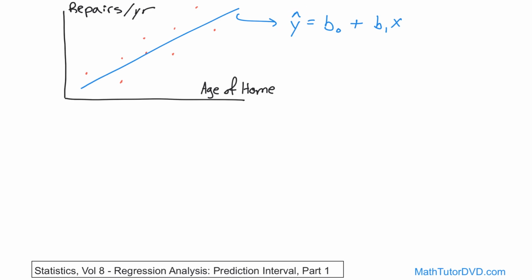You might have been thinking, why did we label it y hat a long time ago? Why didn't we just call it y? It's basically because y hat is a sample statistic. Remember a long time ago we talked about standard deviation and variance and things like that.